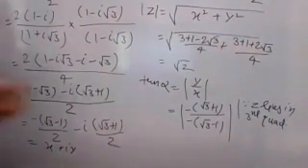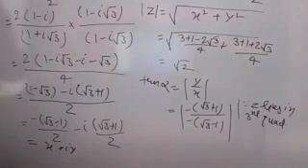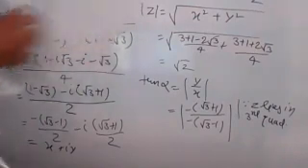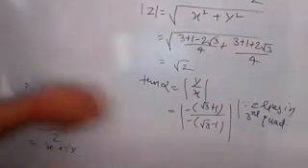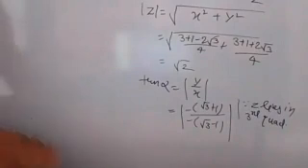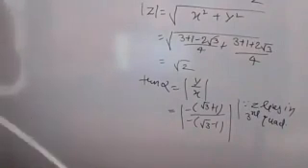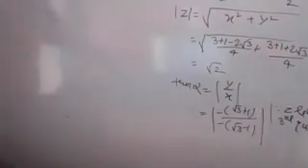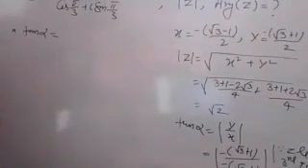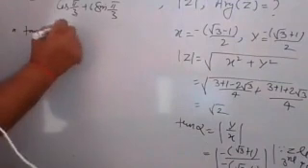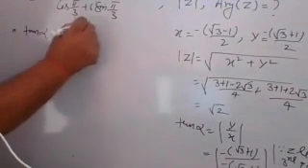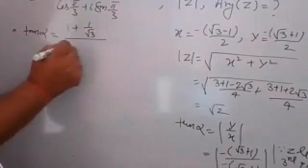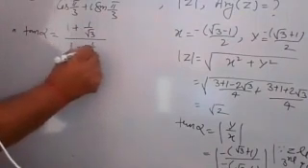Now trying to check its value. So what you do? Here again you divide numerator and denominator by root 3. So tan alpha is equal to 1 plus 1 by root 3 divided by 1 minus 1 by root 3.